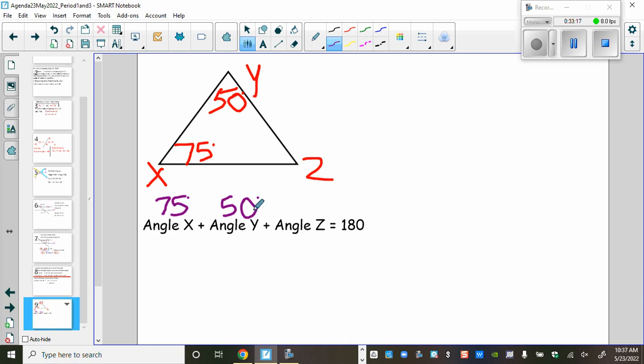You add 50 plus 75, and then subtract that number from 180.